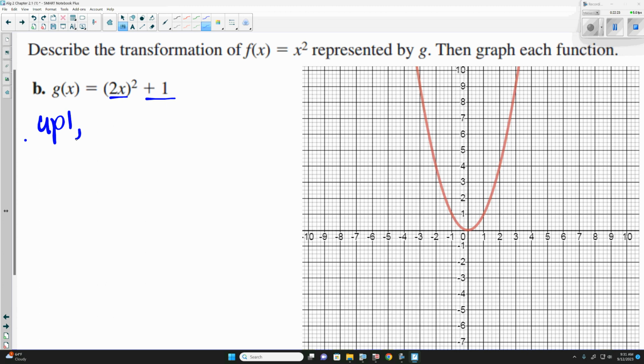Up 1. Now we do have a 2 inside parentheses, yes? So indeed, there is not a negative in front of this 2 here, so it's not a reflection across the y-axis or x, but it will be a horizontal stretch or shrink.